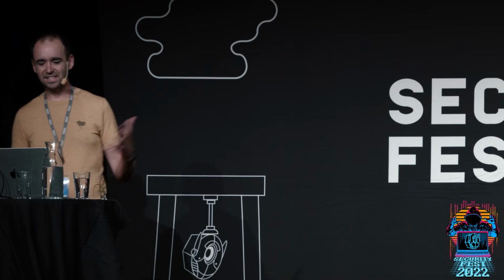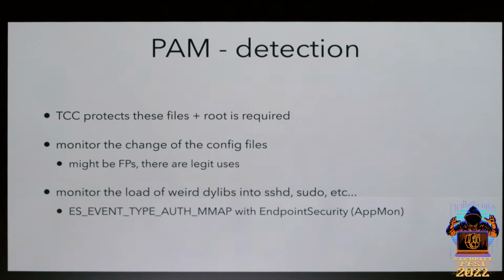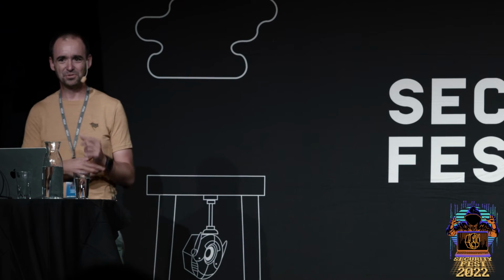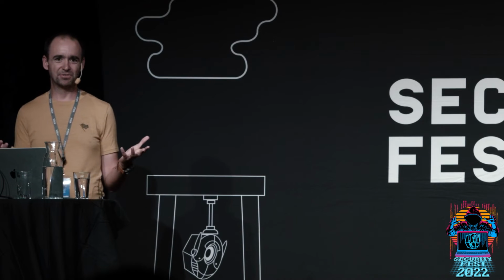There is this ES event type auth mmap event coming from the Endpoint Security framework, which basically tells you what kind of module dylib was loaded into a process. So you might want to monitor for weird dylibs loaded into SSH, sudo or the other services, because if you didn't install any third-party module and you know that you didn't install one, now suddenly one showing up might be interesting.